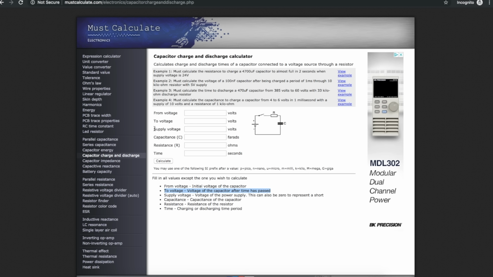What they call supply voltage is the voltage that you will eventually get to if you let this keep charging or discharging. So they just call it power supply voltage, assuming you will get all the way up to VCC. But if you're discharging, you would put it to 0, and that's the same as having a short circuit across here, and you're just discharging the capacitor. And you know your capacitor and you know your resistor, so you can solve for time.